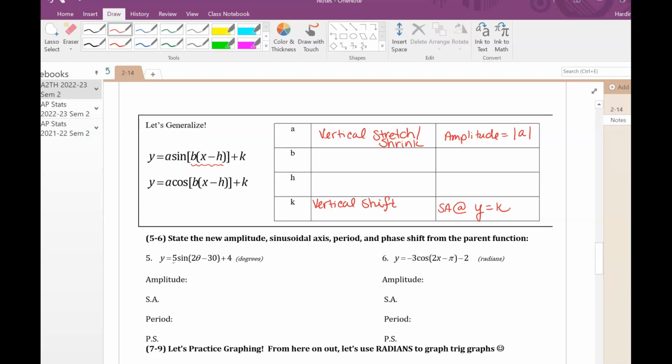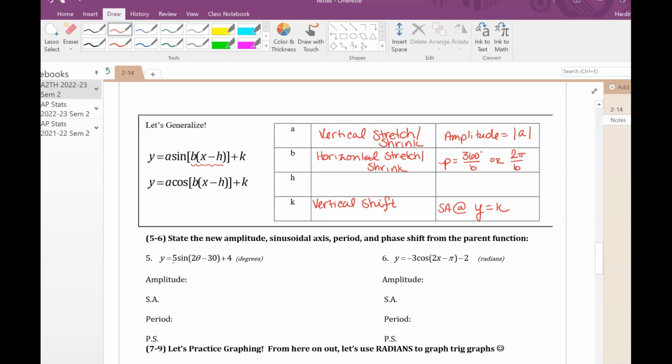All right, now let's look at the horizontal ones. The horizontal transformations, B is the horizontal stretch or shrink, and that impacts the period of the graph. So the period of the graph is always 360 divided by b, or if you're in radians, it's 2 pi divided by b.